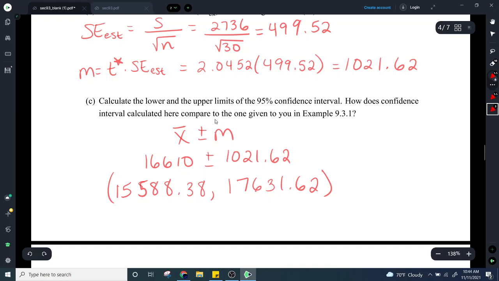And that's going to be our confidence interval. So we are 95% confident that the mean sales price for all 2012 Nissan Altimas is somewhere between 15,588 and 17,631.